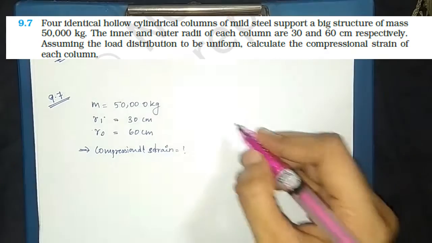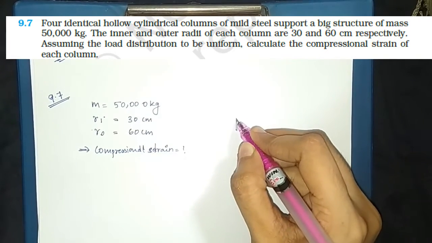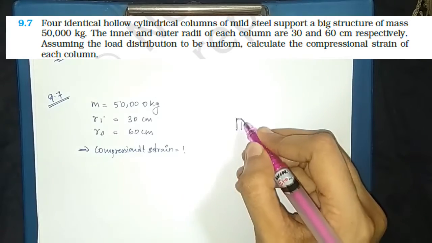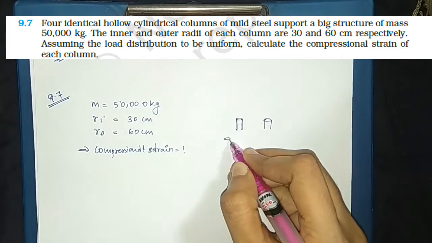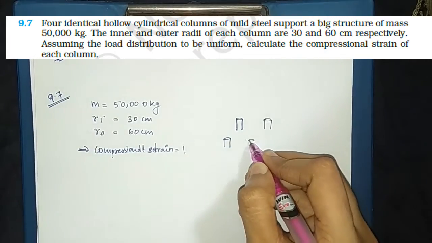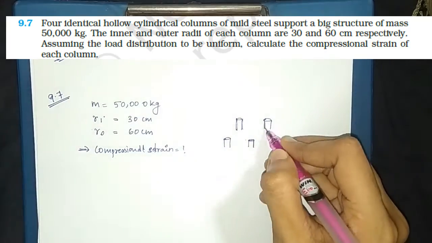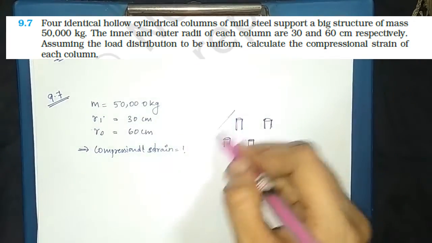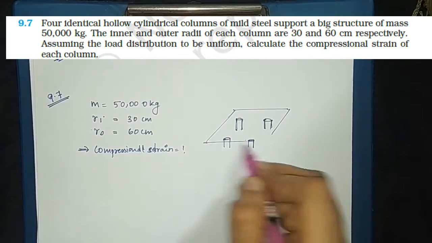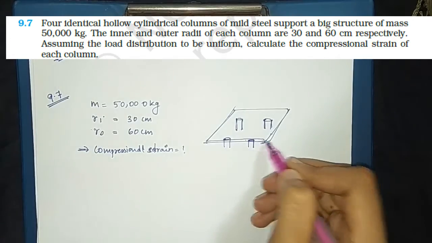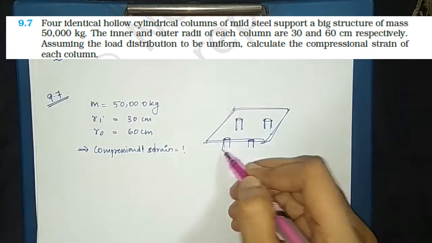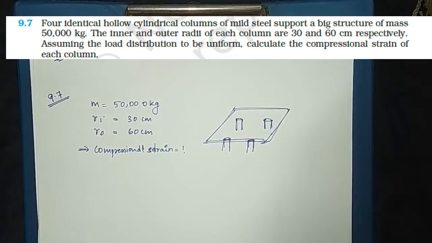So the problem can be represented by this diagram. So this is a cylinder rod. So like that 4 cylinder rods are there, and a large mass is supported on top of these 4 cylindrical objects.